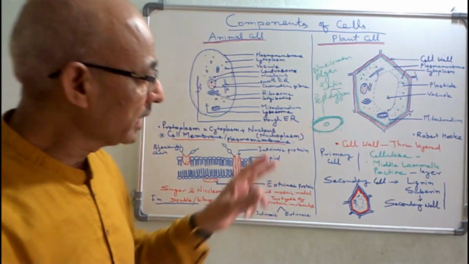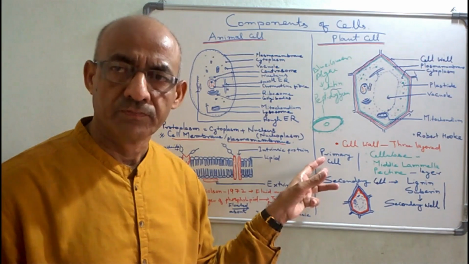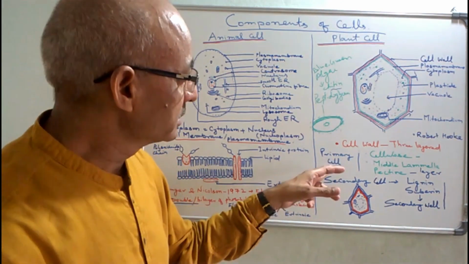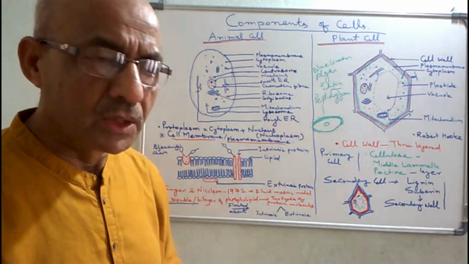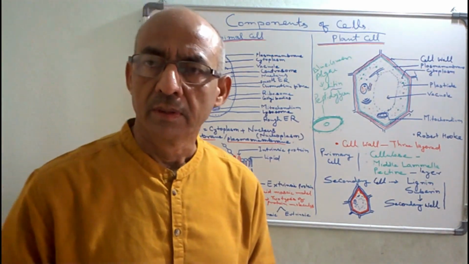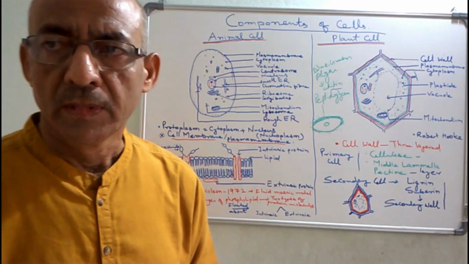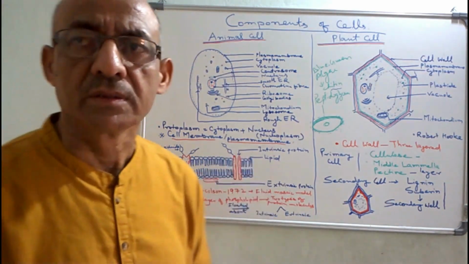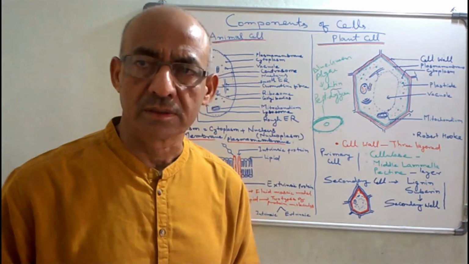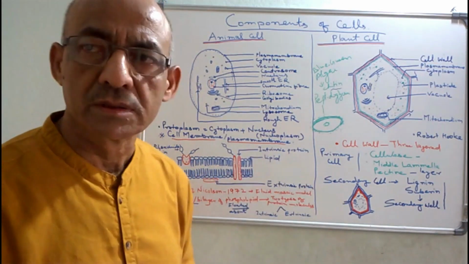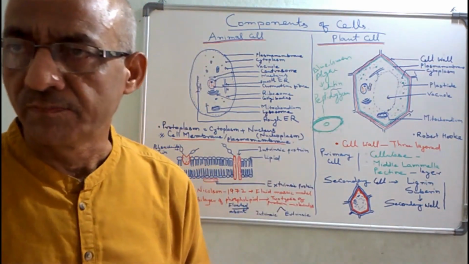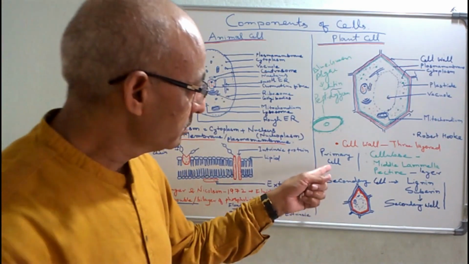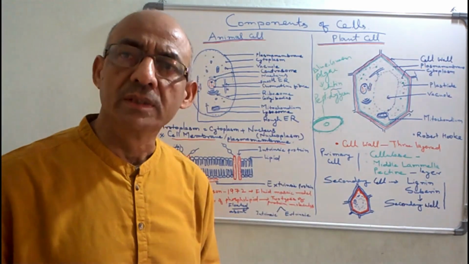Actually, there are 2 types of cells in plants. The cells which are continuously dividing and are found in the meristematic region, such as the apical regions, root apex or shoot apex, are called primary cells.